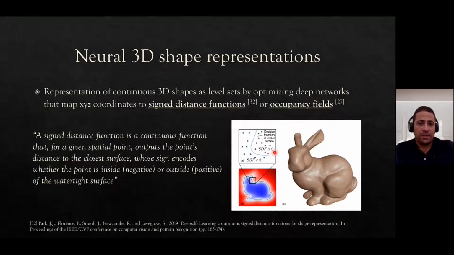It's either negative if this point is inside the object, or positive if this point is outside the object. That is the sign of the output. Now the magnitude of the output depends on how far this point is from the closest surface of the object. So it's pretty basic, simple. Here we see some kind of heat map.